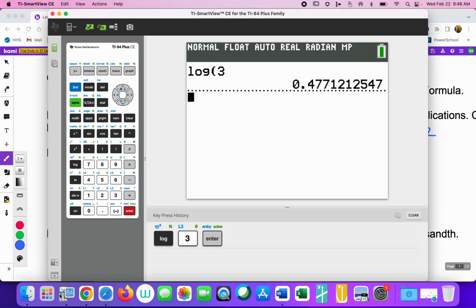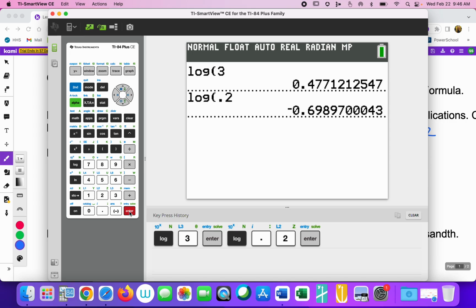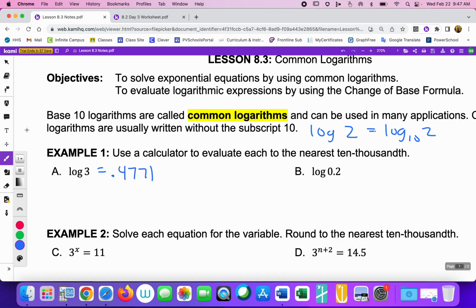Log of 0.2. What happens to the 9 on the end? The 7 rounds it up, so it's a negative 0.6990 would be how you would round that appropriately. So negative 0.6990.